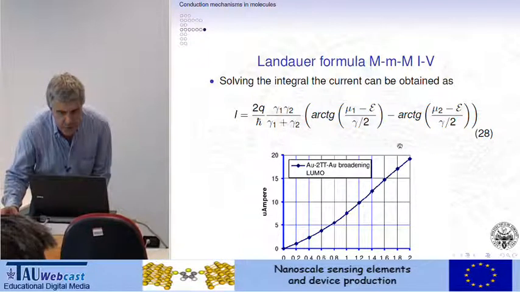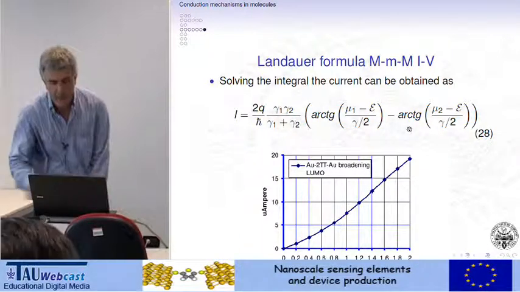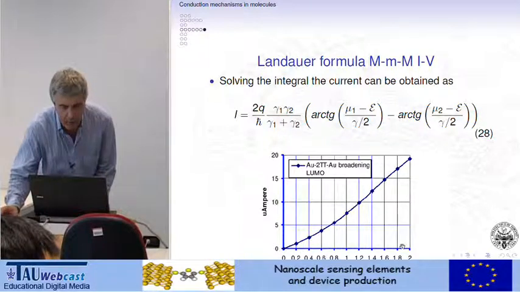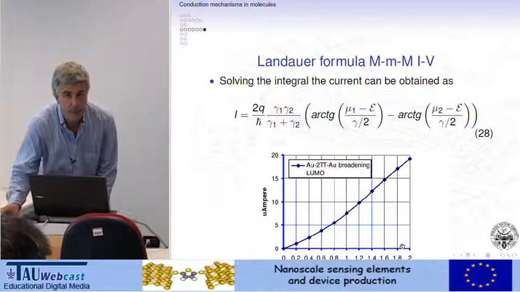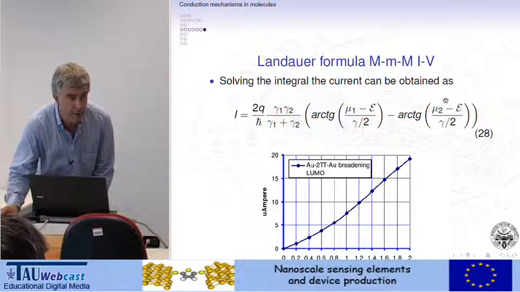So the voltage, where is the voltage in this expression? My question is how I can draw current as a function of the voltage. The answer is μ2. μ2 is a function of the external voltage.